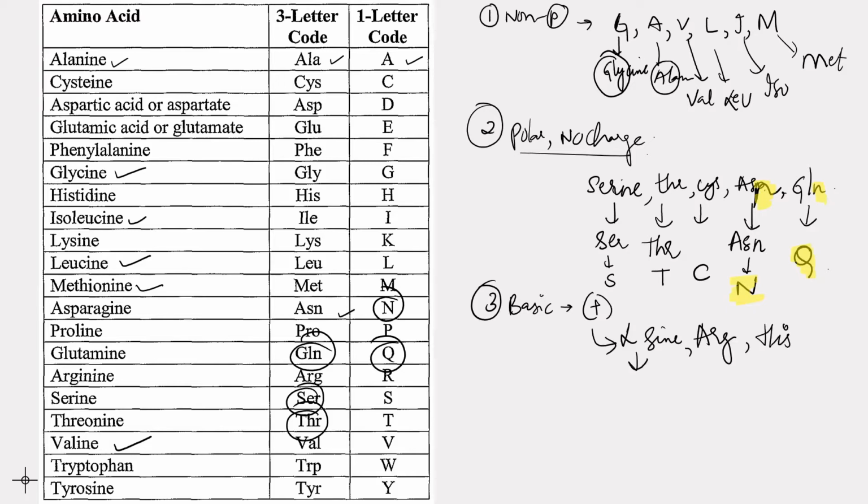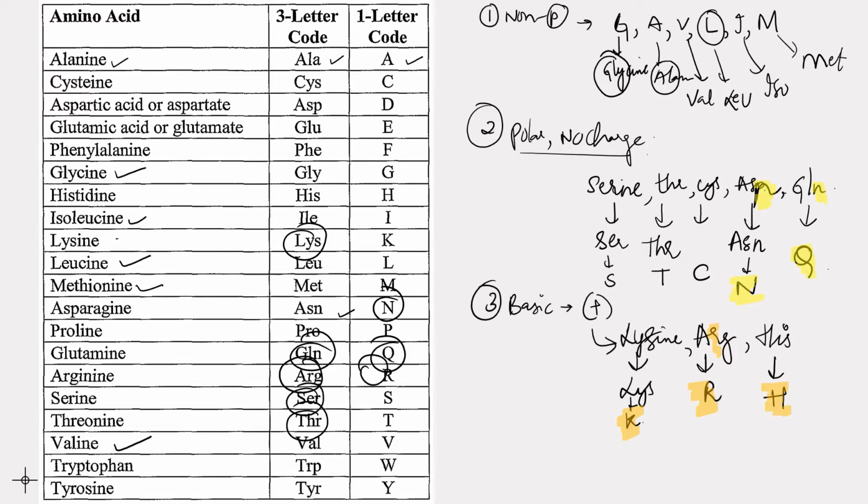Lysine is LYS, which is represented by K. We need to remember this, lysine is K, because leucine is already given L. Arginine is given R because it sounds like R. And histidine, because no other letter is designated for histidine, is given H. So we need to remember K for lysine, R for arginine, and H for histidine.